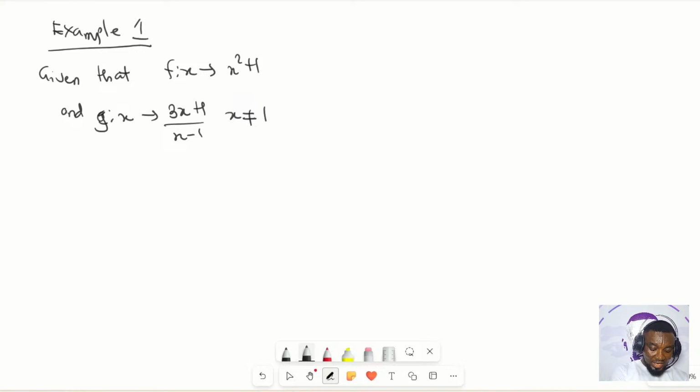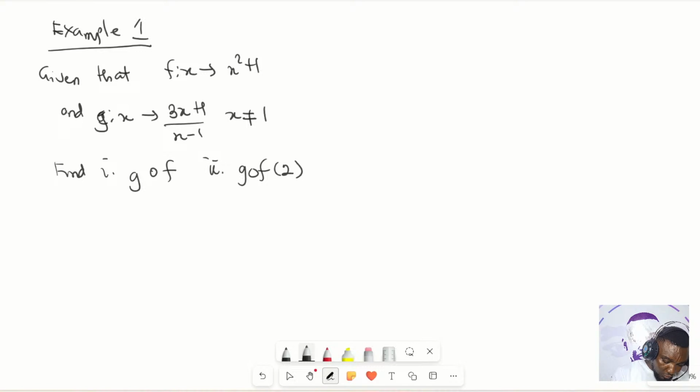So this is the question. It says that given that f of x is x squared plus 1 and g of x is 3x plus 1 all over x minus 1, where x is not equal to 1, we have to find i, f of g, and ii, g of f of 2.